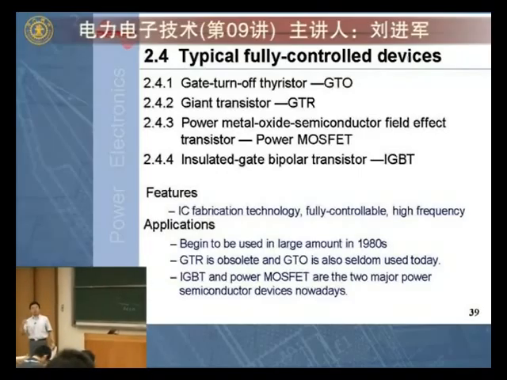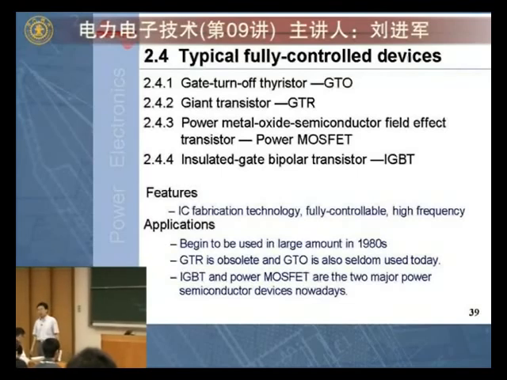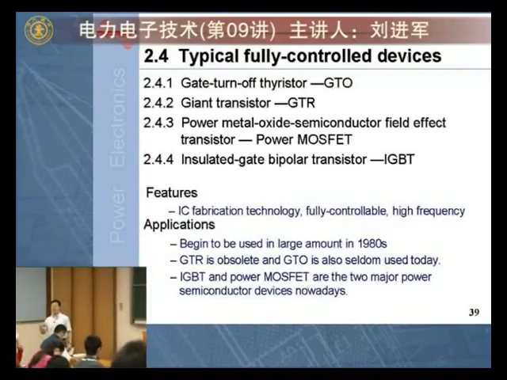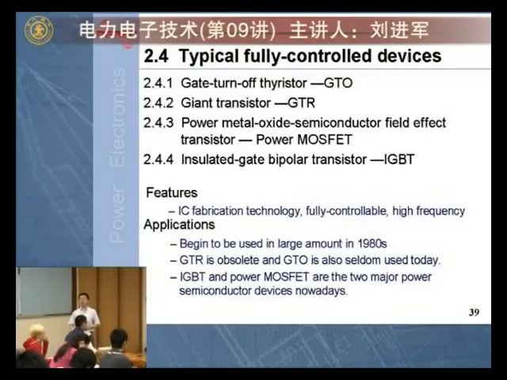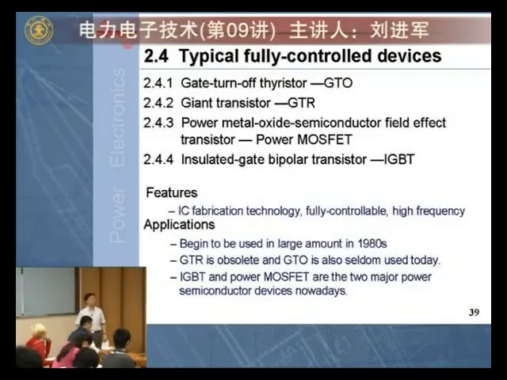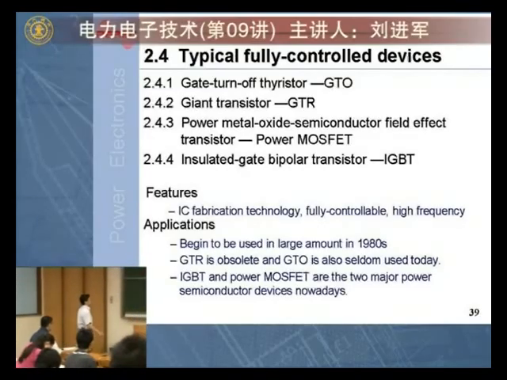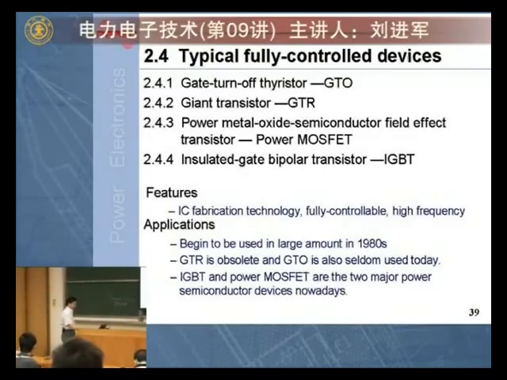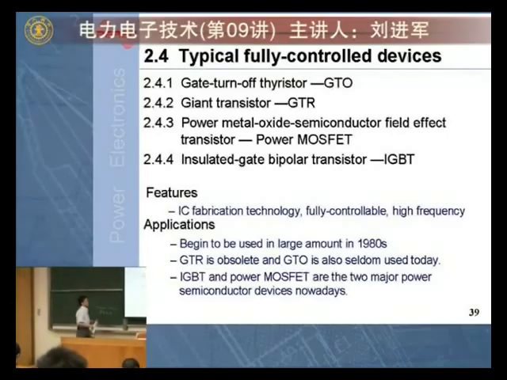So when thyristor was invented, it opened a new era for power electronics history. And when these fully controllable devices were invented and applied to practical applications, they actually started a new era of power electronics history. And that era started in the 1980s.